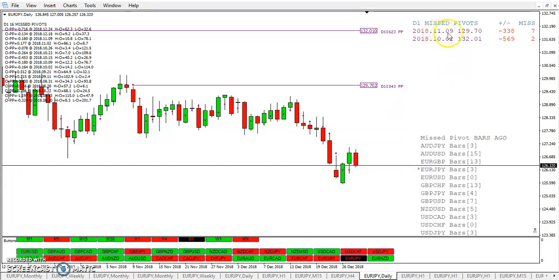But let me just take a look here. See, we missed this by 2 pips on 10-2. 10-2, high minus open was 14.2. So I don't know if the pivot was below or above. It probably was above.